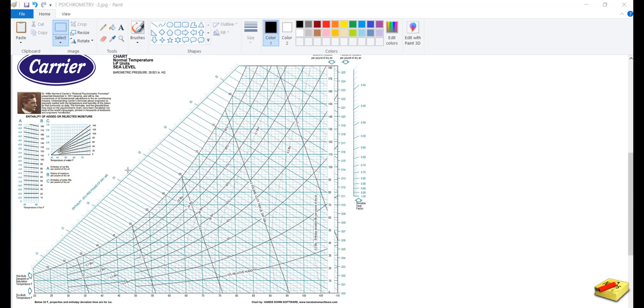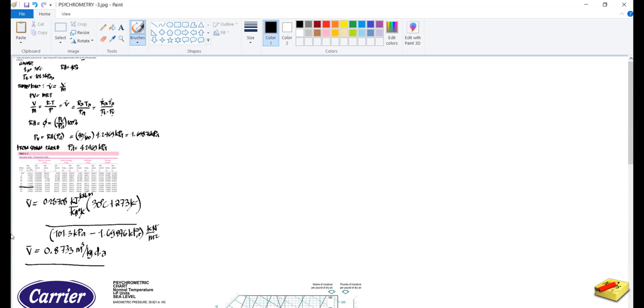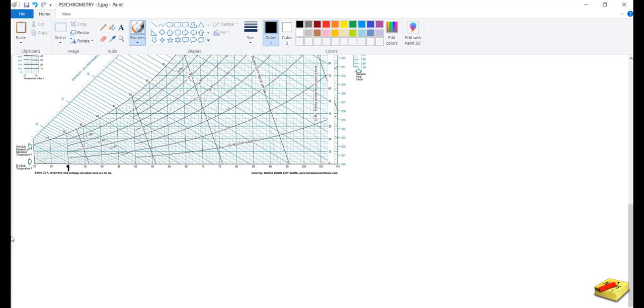So we put it here, 30 degrees Celsius, using the psychrometric chart. Then how many percent RH? 40% RH.